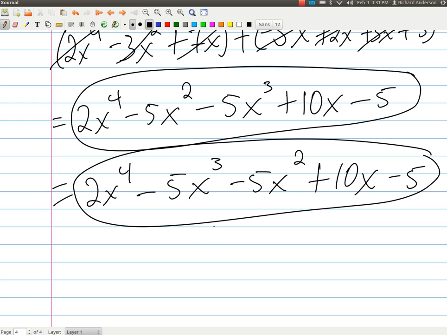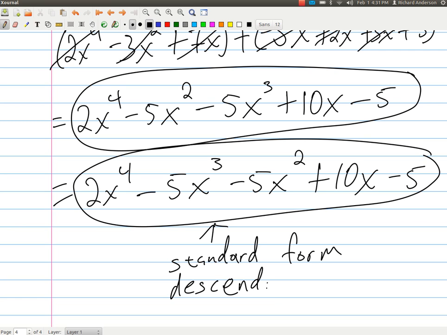Once again, this here is what we call either standard form, or could be called descending form. Descending order sometimes is what they call it.